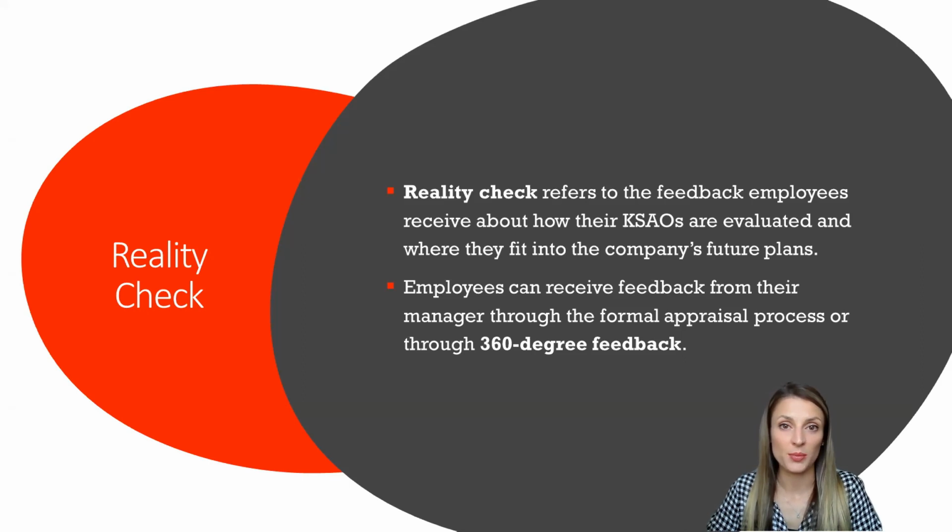In the second step, employees learn more about their development needs and the relevance of these needs to the organization through a reality check. This includes information that they receive through their performance evaluations, information about their strengths and their weaknesses.